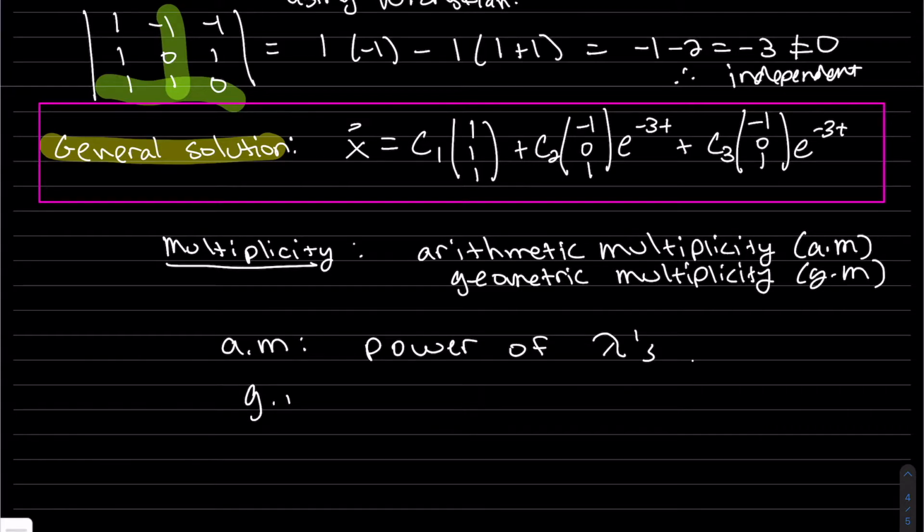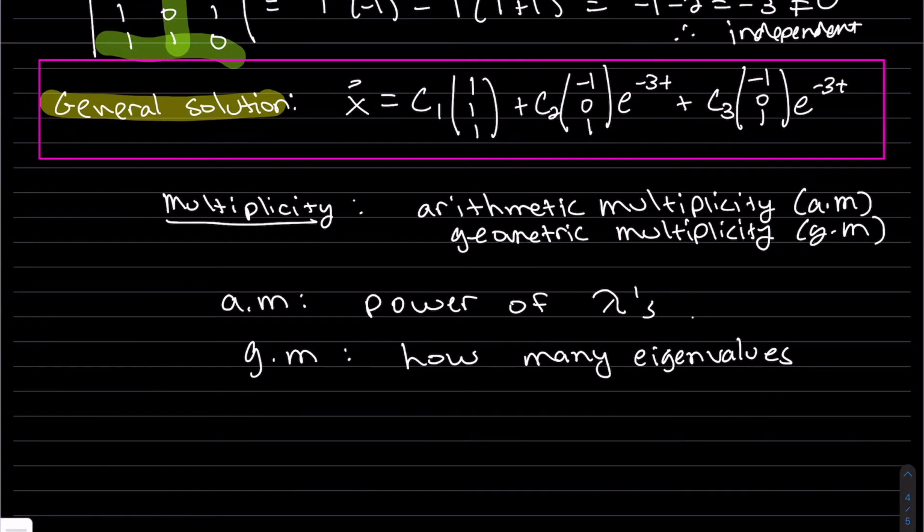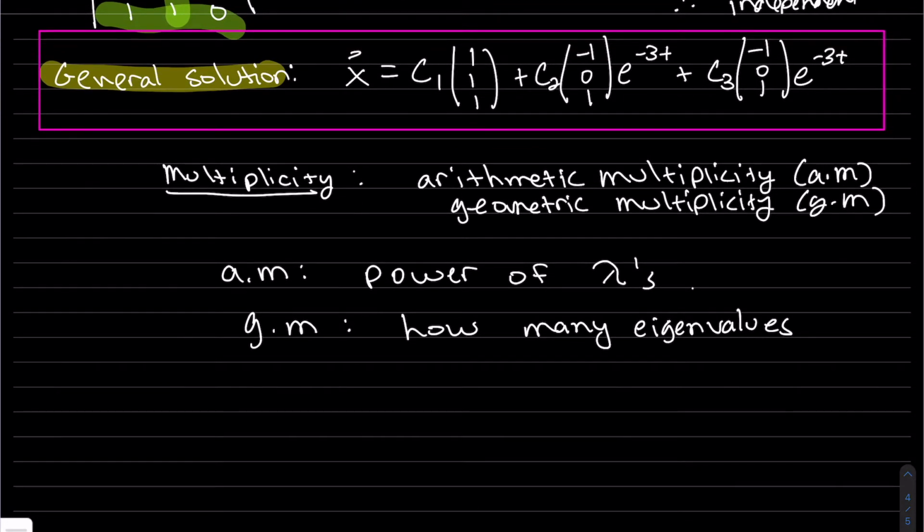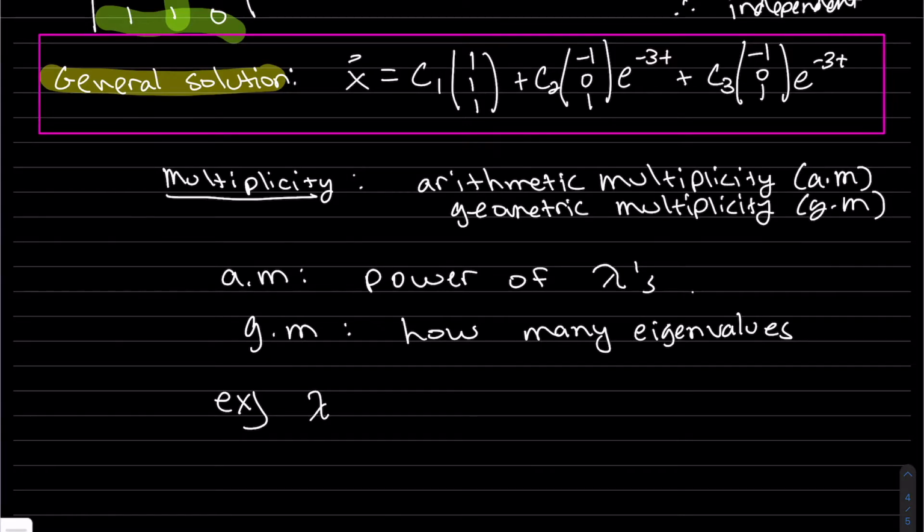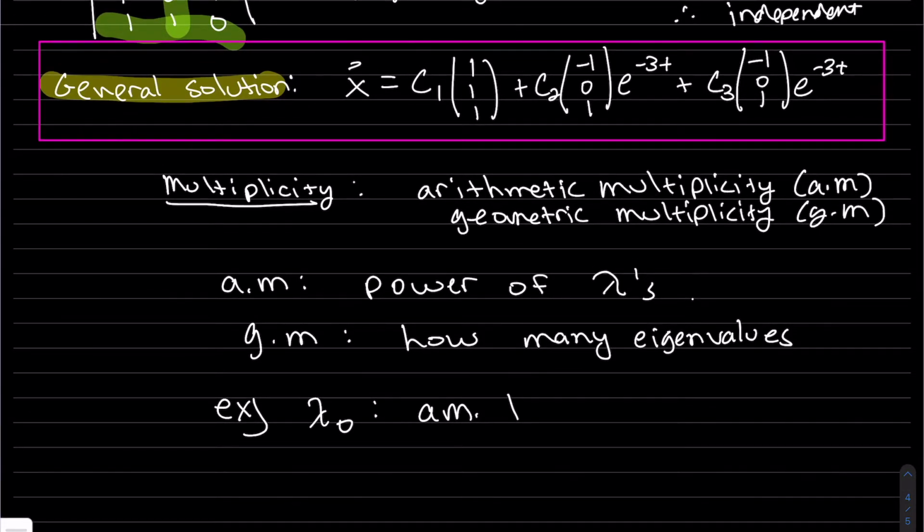The geometric multiplicity is how many eigenvectors you get from that. For example, our lambda 0 above, our AM we got 1, one root, and our GM, we got 1 eigenvector from it.